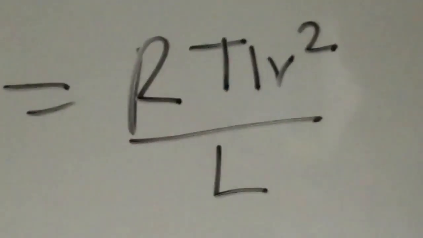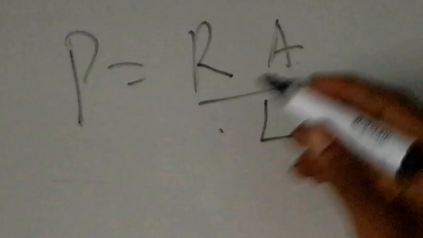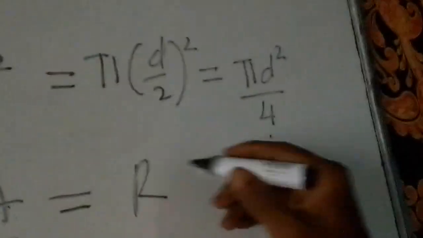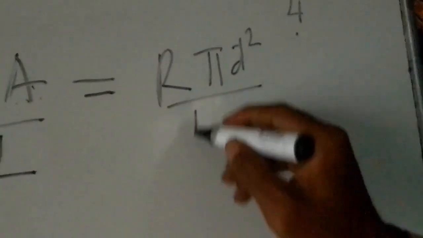Then going back to what we wrote before, resistivity is given by RA over L. Instead of using pi r squared for our area, we can also write it as R times pi d squared all over 4L.